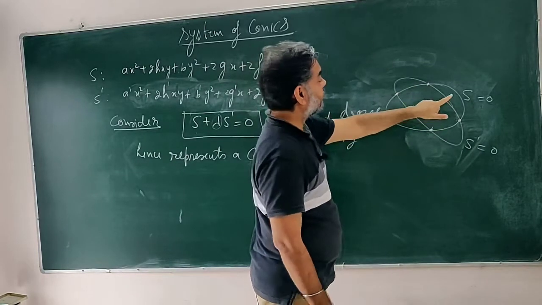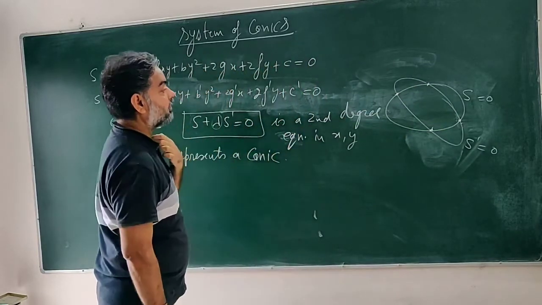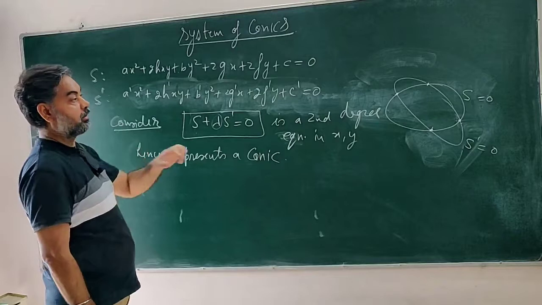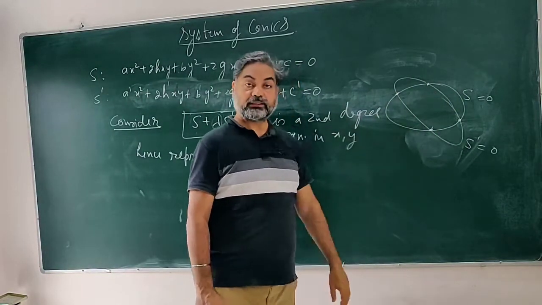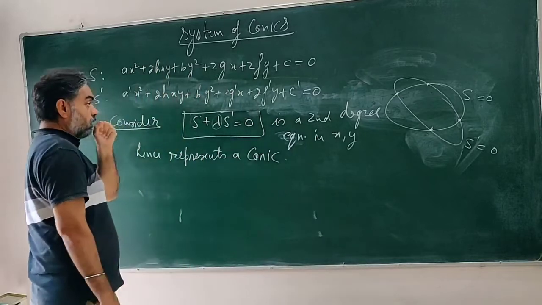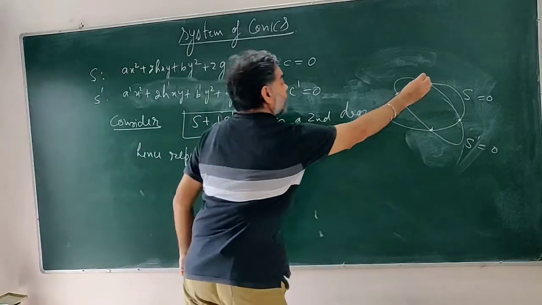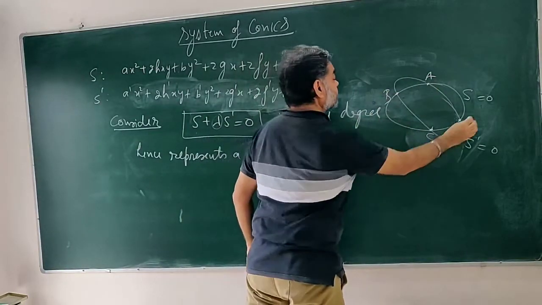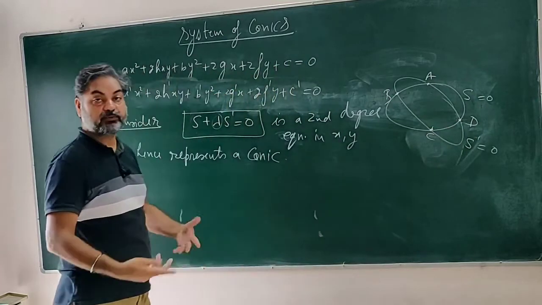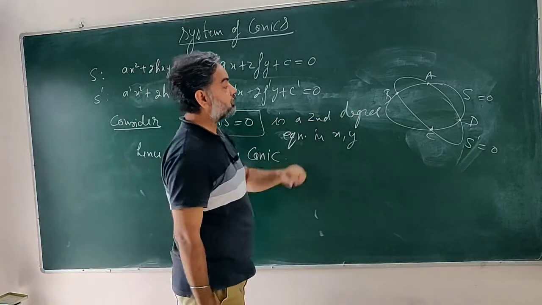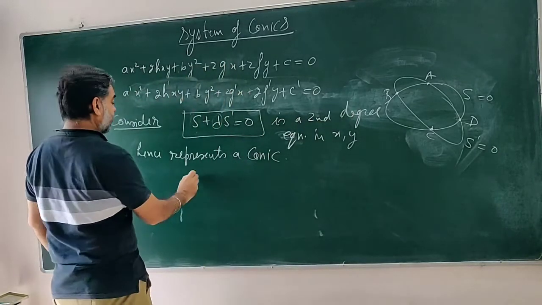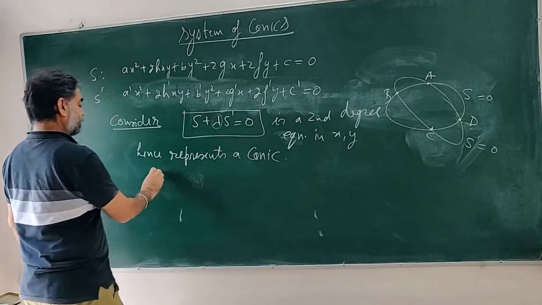These points lie on S. Alright, these points lie on S and they also lie on S dash. So all these points A, B, C, D, these 4 points lie on S as well as S dash. So any point which lies on S makes S equal to 0.